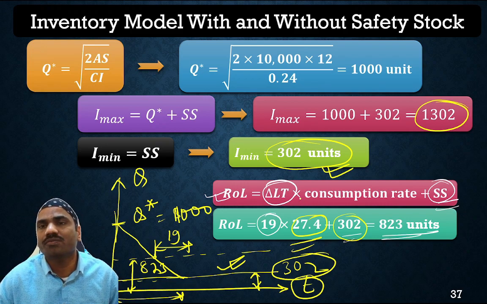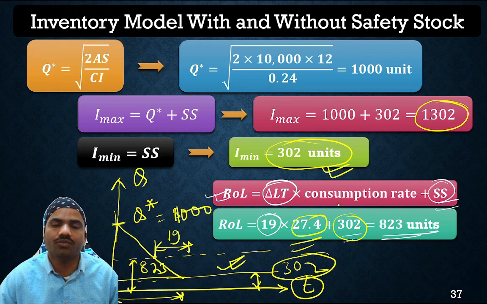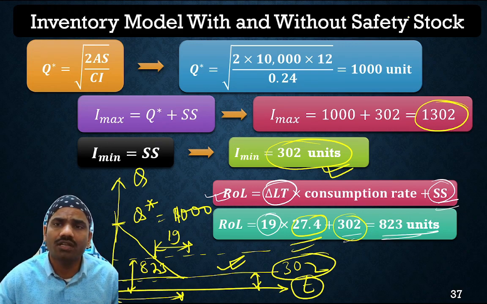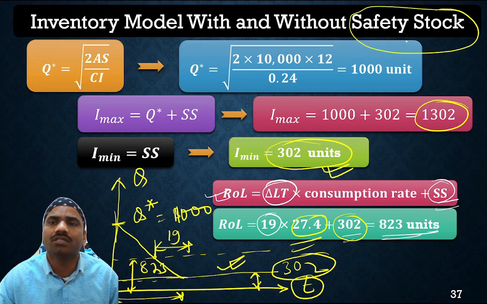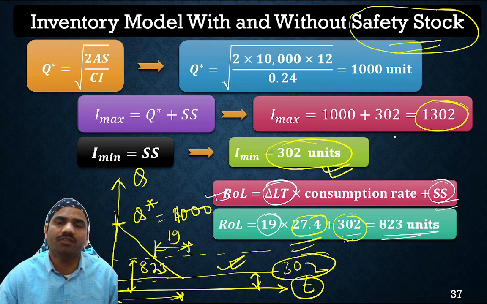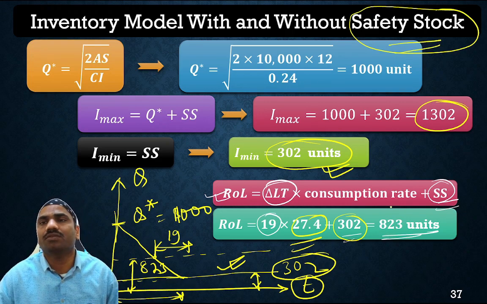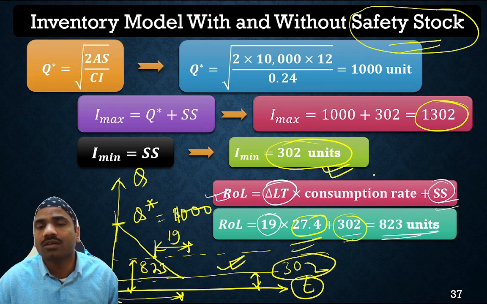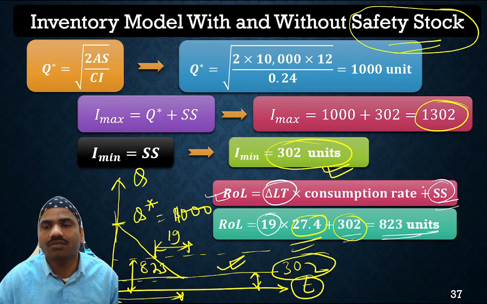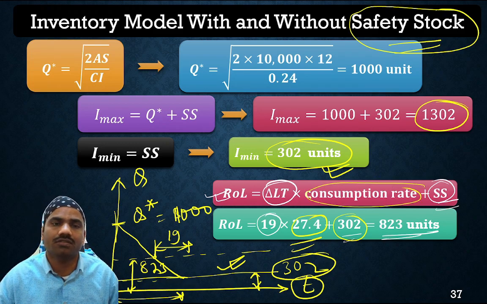We also discussed shortage, where we aim for minimum shortage. Finally, the fourth model is the safety stock, or buffer stock, in which we discussed safety stock, reorder level, average lead time, consumption rate, and the maximum and minimum inventory.